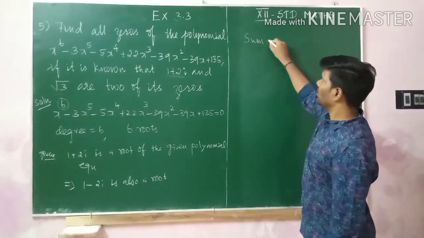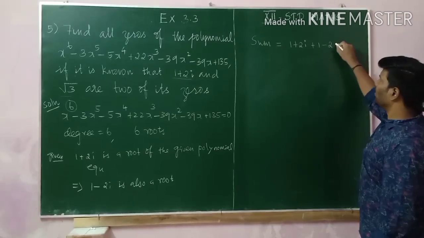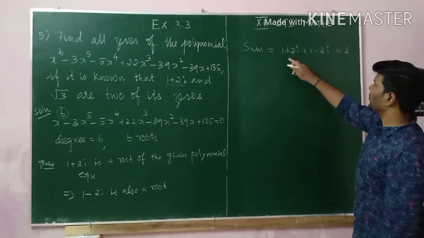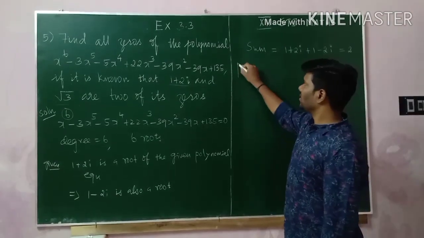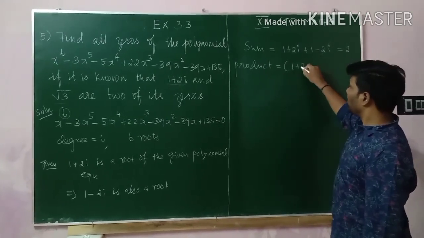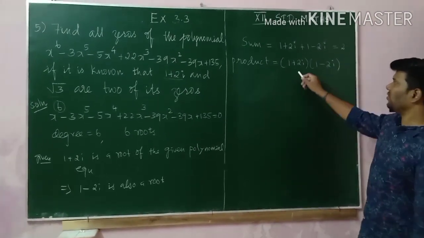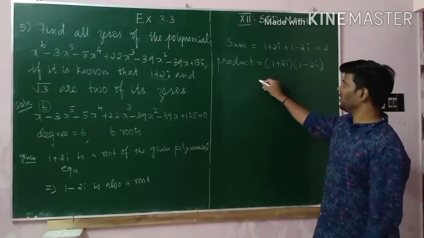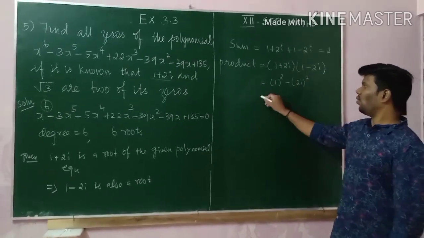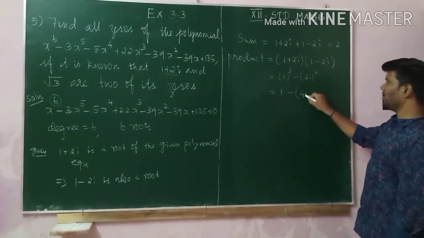Sum of roots. What is the sum of roots? 1 plus 2i plus 1 minus 2i. So plus 2i minus 2i will be cancelled. 1 plus 1 is 2. So the sum is 2, and the product? What is our product? 1 plus 2i into 1 minus 2i is in the form of a plus b into a minus b, so a square minus b square. 1 square is 1, minus 2 square 4 i square.